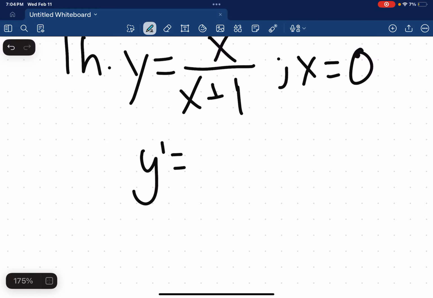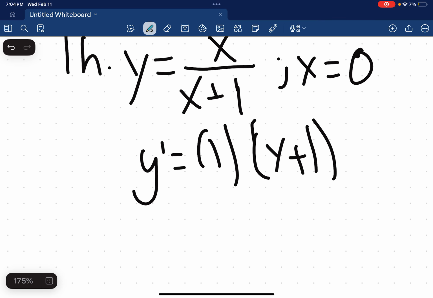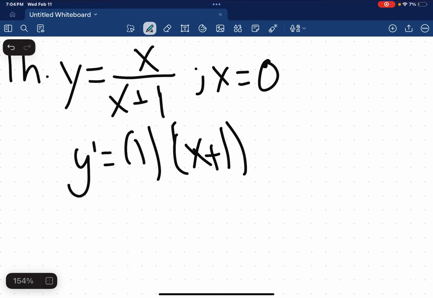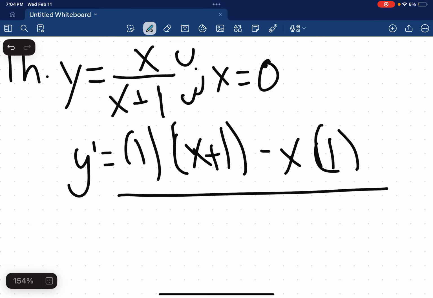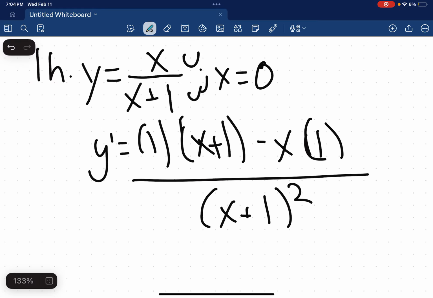take the derivative of u, which in this case is x, which is going to be 1, multiply it by the denominator, x plus 1, minus u, x, times the derivative of v, the bottom, which is also just 1 in this case, all over x plus 1 squared.